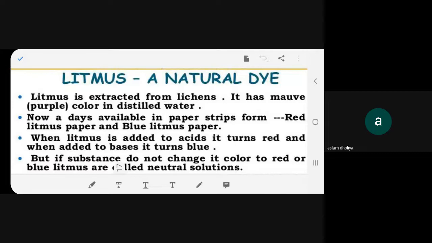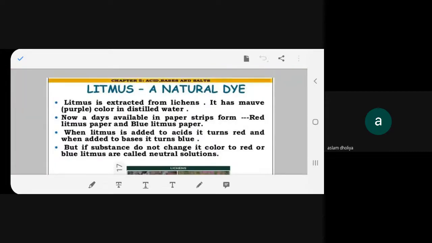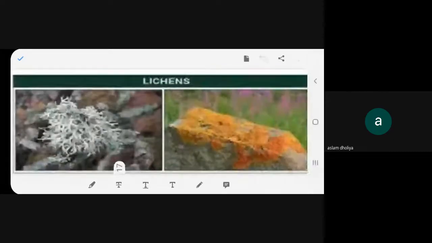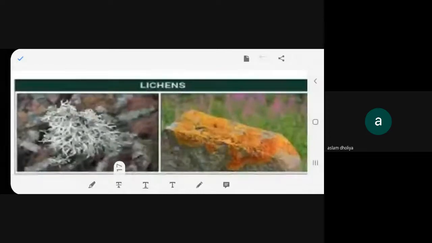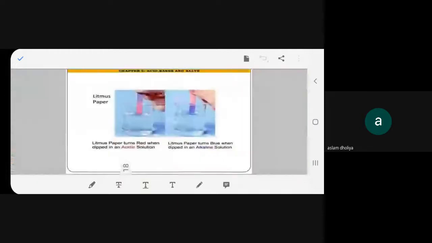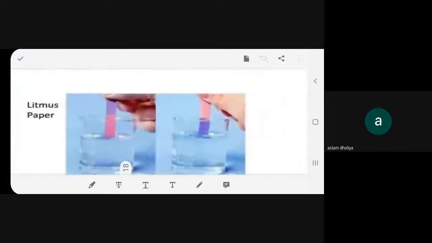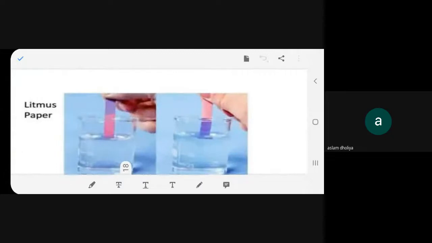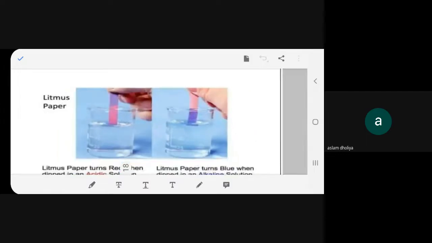So, this is what we had done, remember? I showed you how this litmus looks like, the lichens, from where we get the litmus. This is how it looks like. We have done this. Now, look at it. This litmus paper, see, what is it?